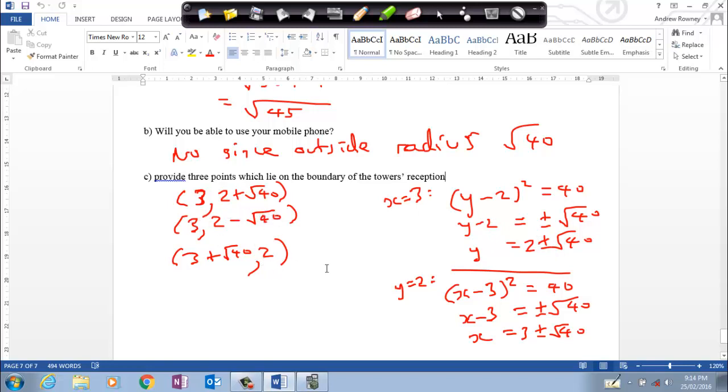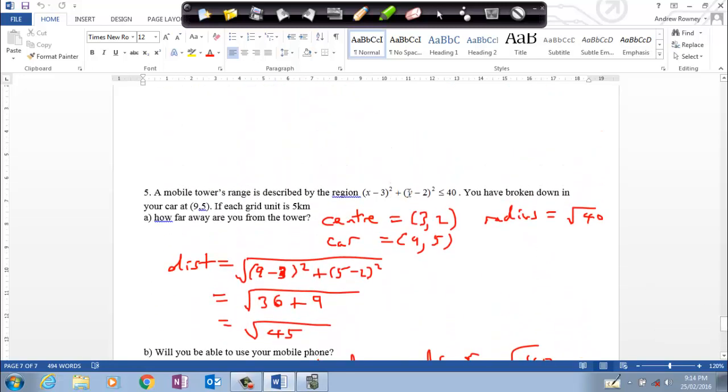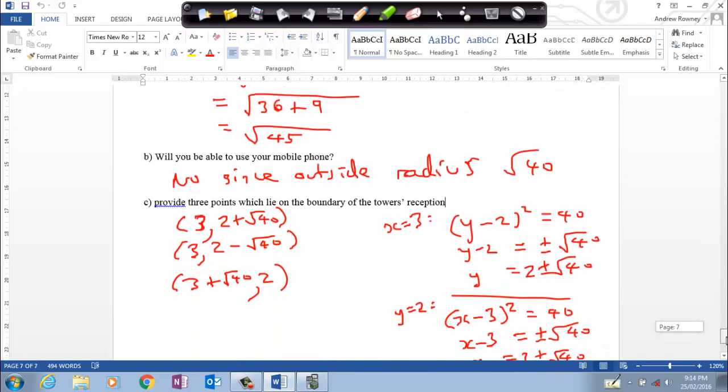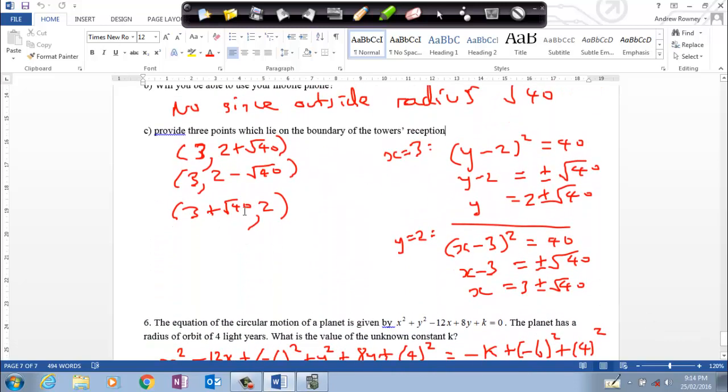If you want a third point, you can do it when y equals 2, because that'll make this 0, and then you can solve for x. It's a lot quicker than if you chose y equals 1, which makes it a lot harder to solve the whole equation. So that's 3 plus root 40. So there's 3 points that lie on the circle circumference.